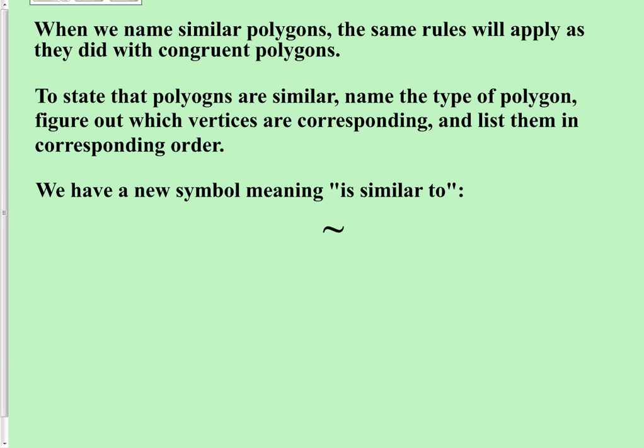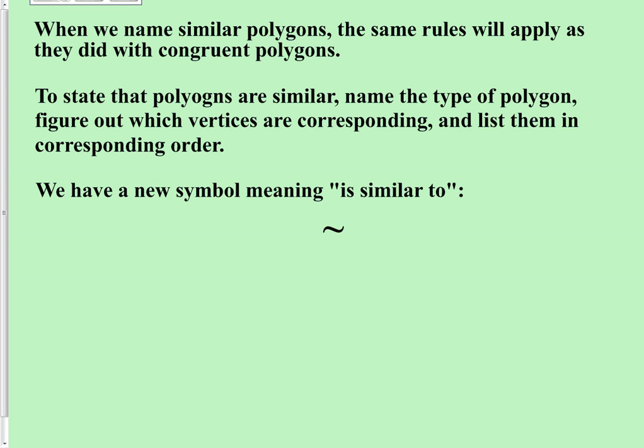If we're going to state that two polygons are similar, obviously we're going to name the type of polygon, that being triangle, quadrilateral, octagon, stuff like that. We will figure out which vertices are corresponding, and then we will list them in corresponding order.